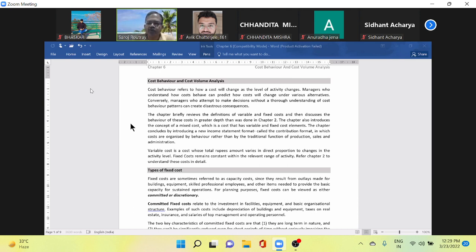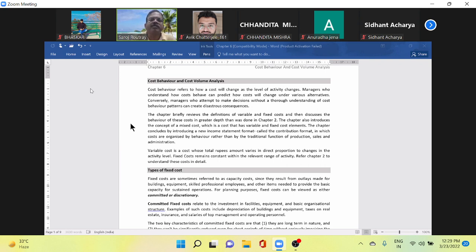And if you know how a particular cost behaves, on the basis of that, you will be able to estimate it, prepare budgets, etc. Then the cost volume profit analysis is actually when you make changes to your cost, that impacts the volume. And how does it impact the profit of the company? That we study in this cost volume profit analysis. This is a very interesting chapter, very useful for us also in our day-to-day business life.